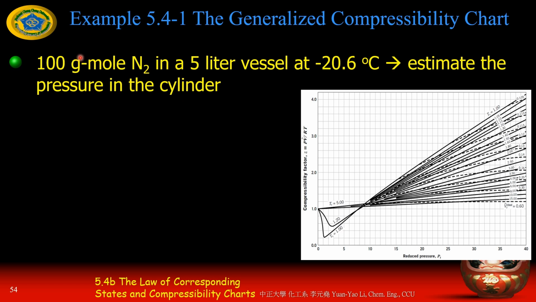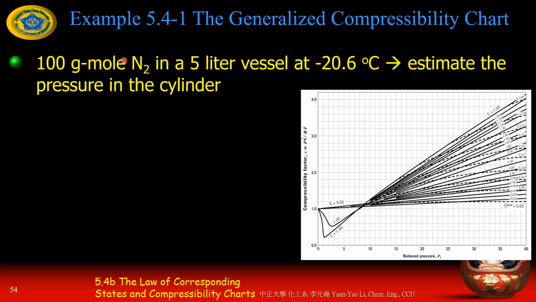So I give you the moles, I give you the volume, I give you the temperature. I want to ask you the pressure. So if you use the ideal gas equation of state, of course, PV equals nRT, you can get P, pressure, right? But unfortunately, this is not an ideal gas. So you need to use a non-ideal gas equation. You can use the van der Waals equation of state to get the answer.